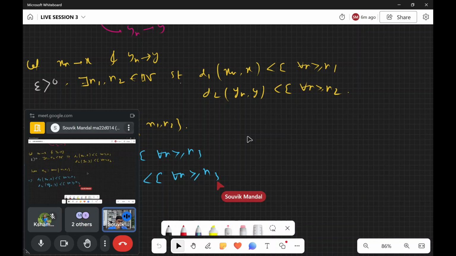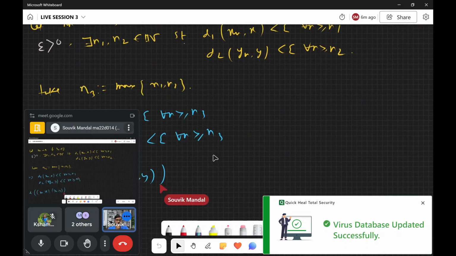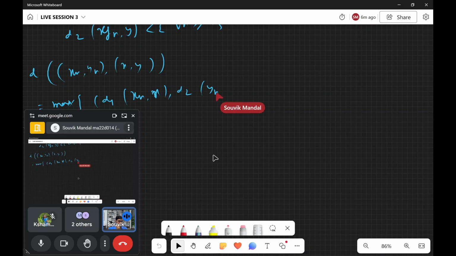Now what we need to do, we need to consider d of (xn, yn) and (x, y). We need to check this thing. For that, this is by definition equal to max of d1 of (xn, x) and d2 of (yn, y).